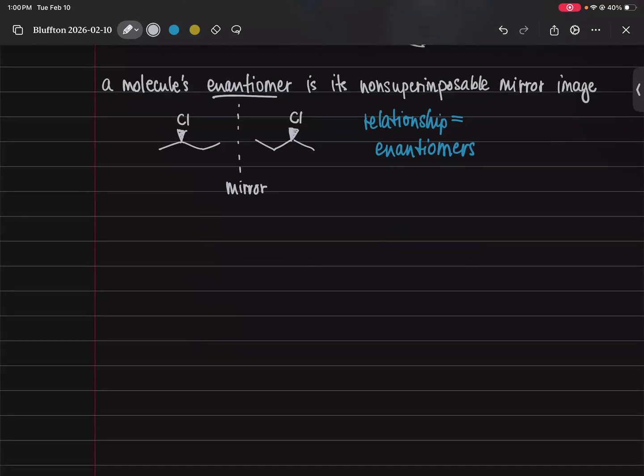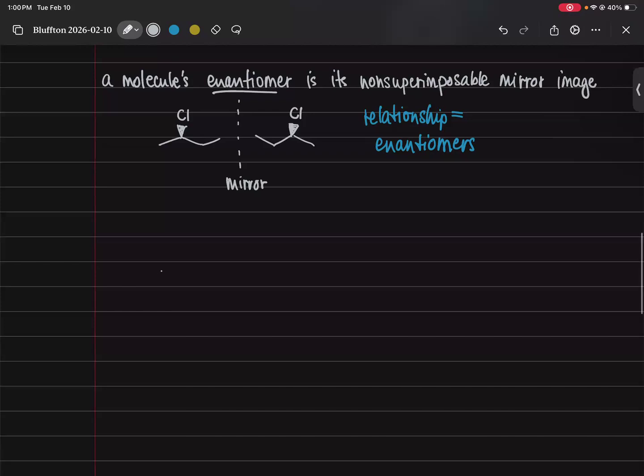What's more useful, I think, than doing the mirror side to side, and this is a bit more difficult to draw but easier to actually do, is to have the mirror be behind, like a mirror usually is when we're looking at it. So the molecule here is in front of our mirror, and you're going to think like you're looking in a mirror.